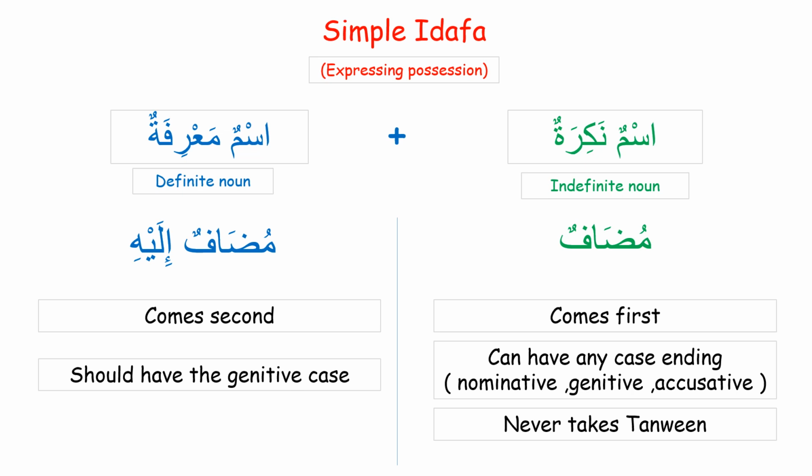Let's not forget that المضاف never takes تنوين or the definite article ال. As for المضاف إليه, it comes second, always takes the genitive case, and it has to be a definite noun.